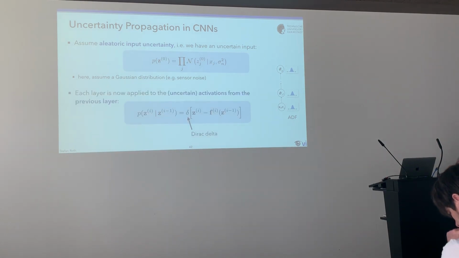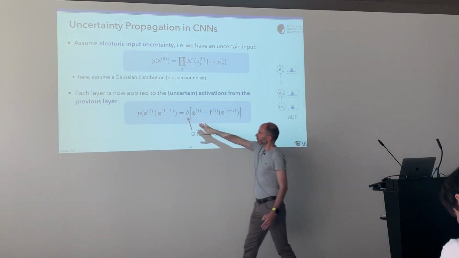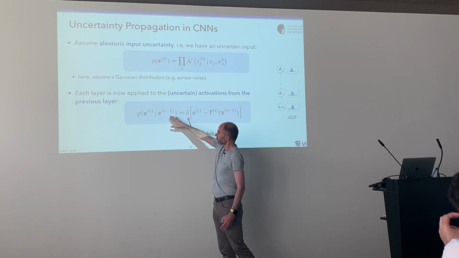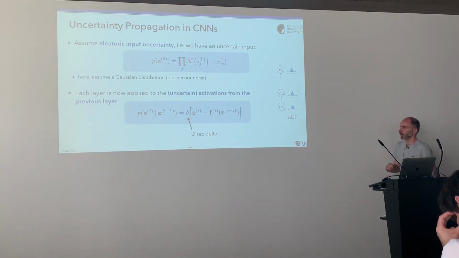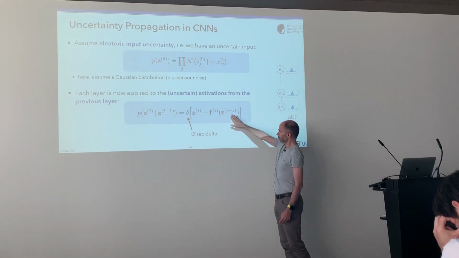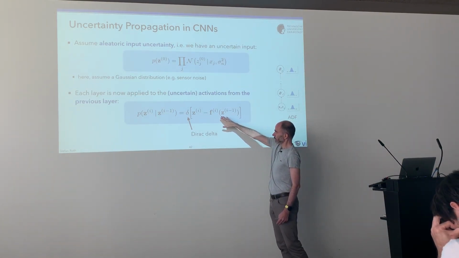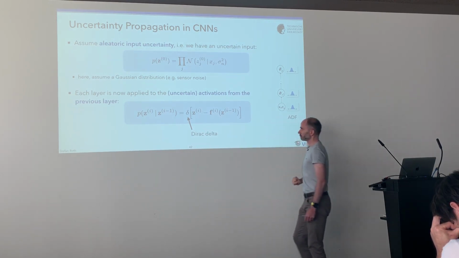And what I suggest is that we can think of every layer as being one edge in a directed graphical model where we have an activation coming in from the previous layer i-1, and we want to get a distribution over the activations at the ith layer. And our network being deterministic means that I simply take our input, feed it into our nonlinear layer, and then center a Dirac delta at the output. Okay?